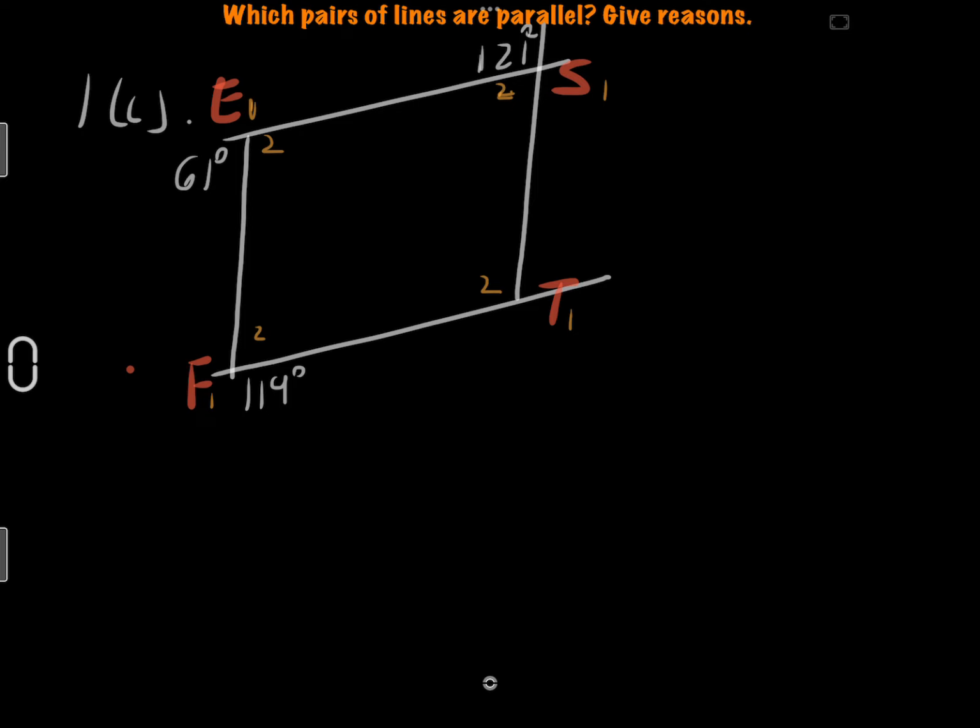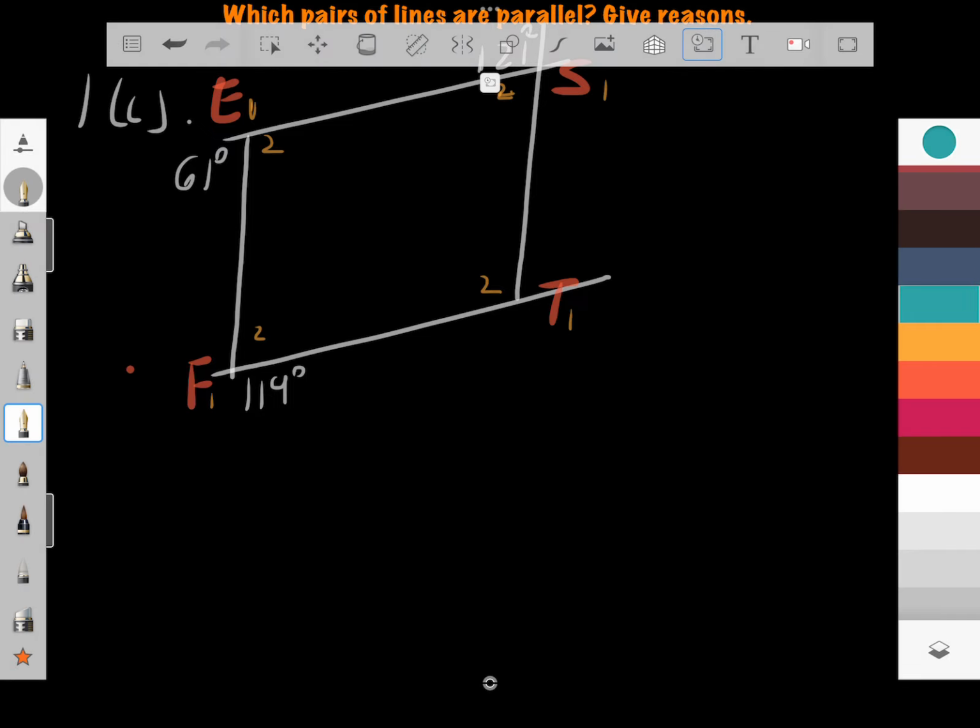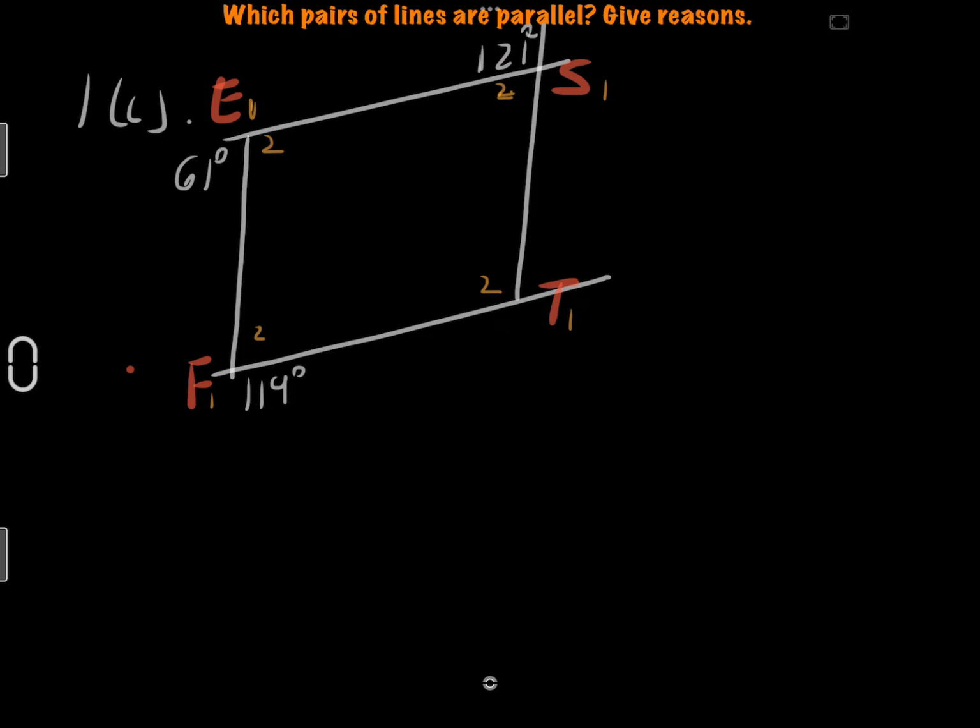So now to determine whether in this figure we have pairs of parallel lines, we're going to start looking at our algebra. We can just straight jump into algebra in this case. So we can simply say angle S2 plus this 121 exterior angle equals 180 degrees, only because those are angles on a straight line.